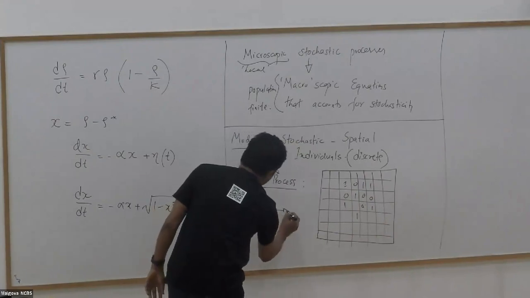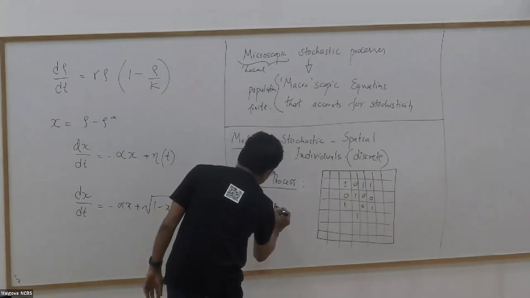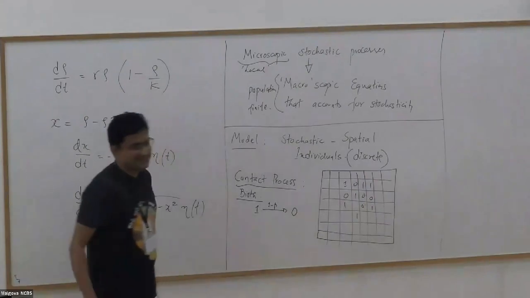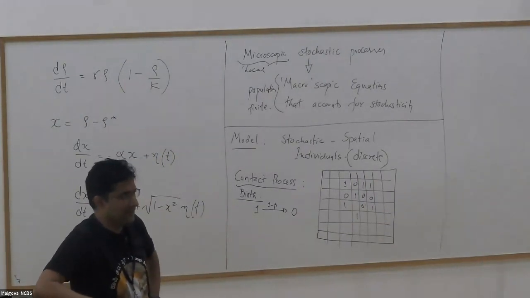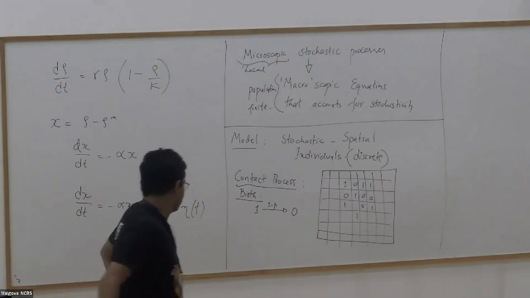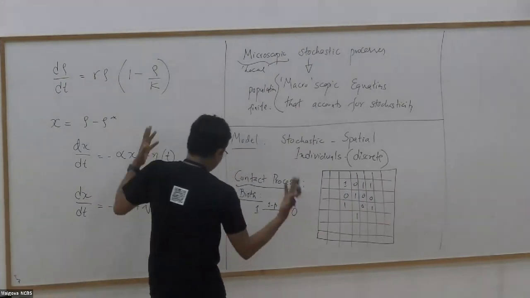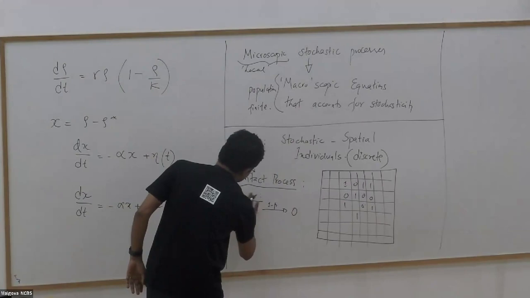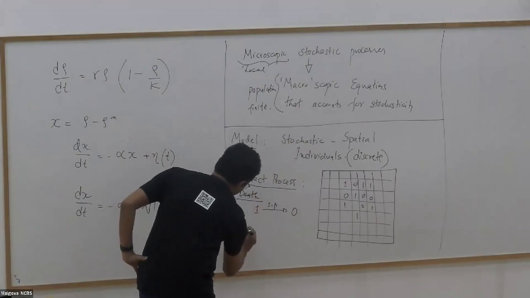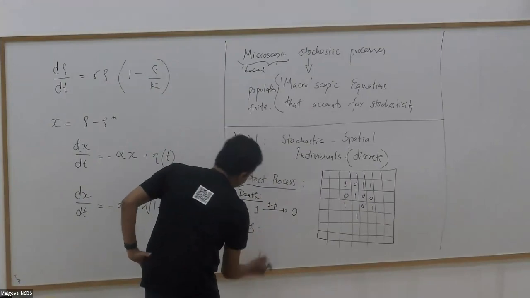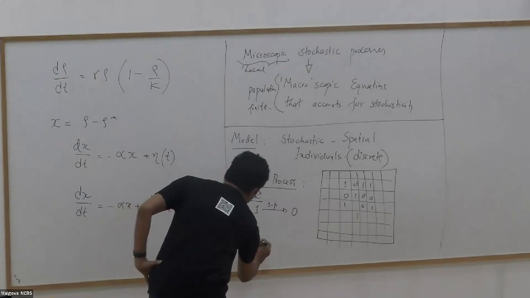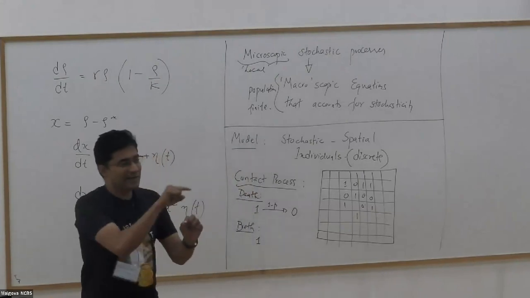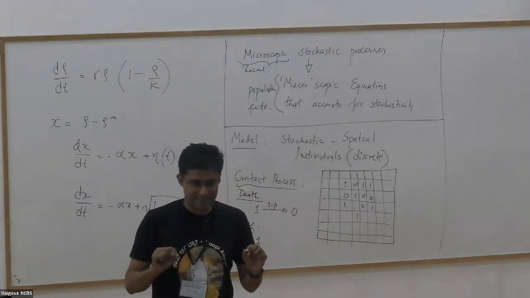With probability 1 minus p, this individual on this site dies. I did exactly the opposite of what I said I would do: death. With the remaining probability p, I will look for one of the 4 nearest neighbors.